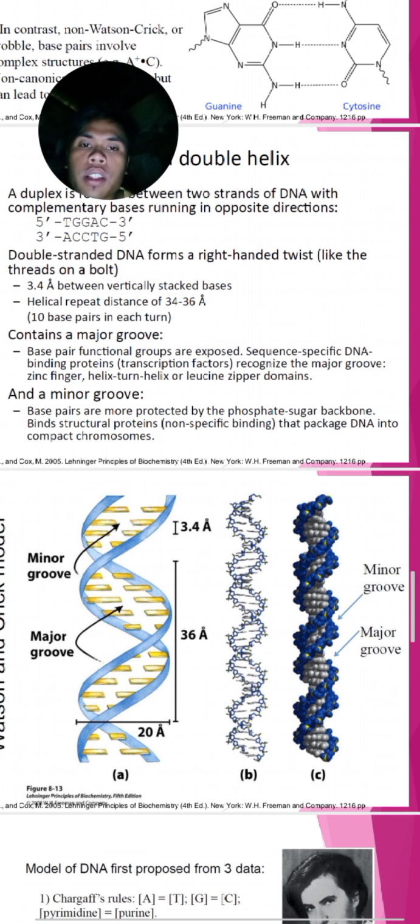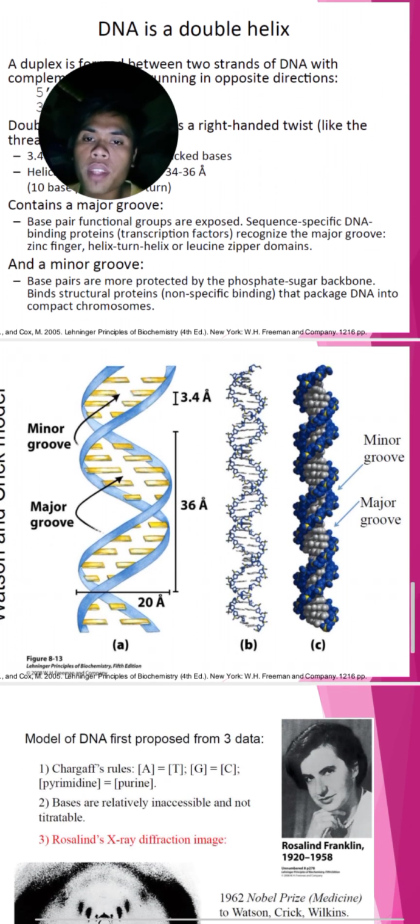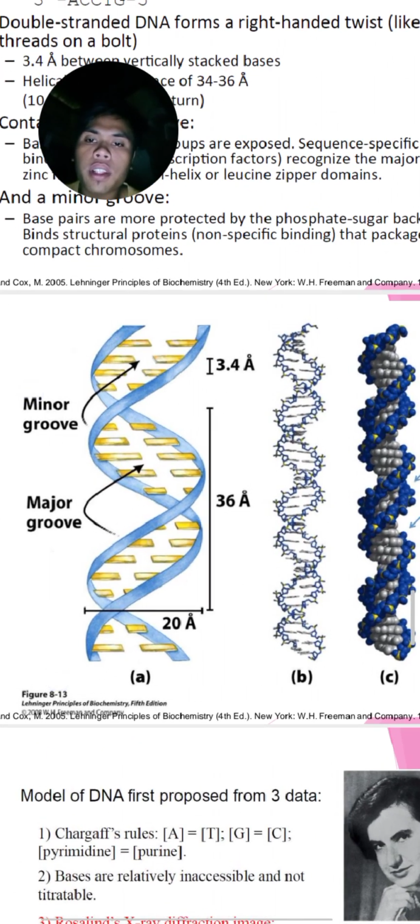Transcription factors recognize the major groove through zinc finger, helix-turn-helix, or leucine zipper domains. In the minor groove, base pairs are more protected by the phosphate-sugar backbone. It binds structural proteins or non-specific binders that package DNA into compact chromosomes.